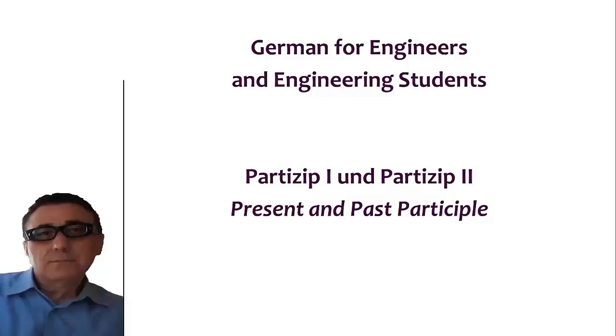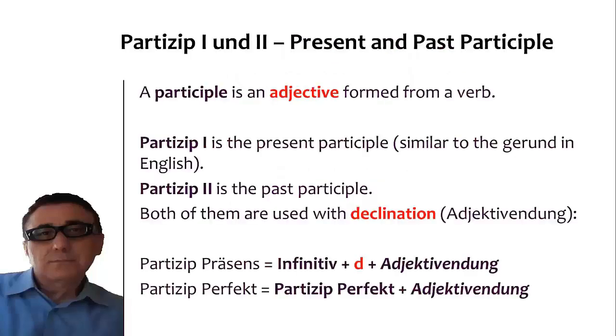In this lecture, we will talk about present and past participle, or if you say it in German, Partizip I und Partizip II. Let's get started. Participle is an adjective formed from a verb. In German grammar, there are two different types of participles.